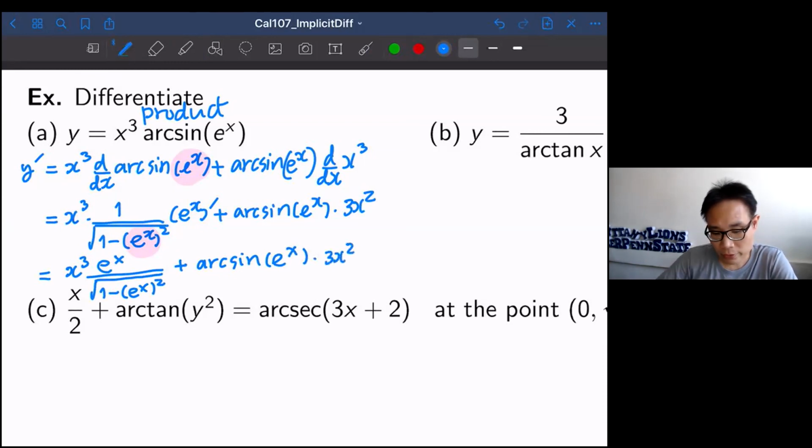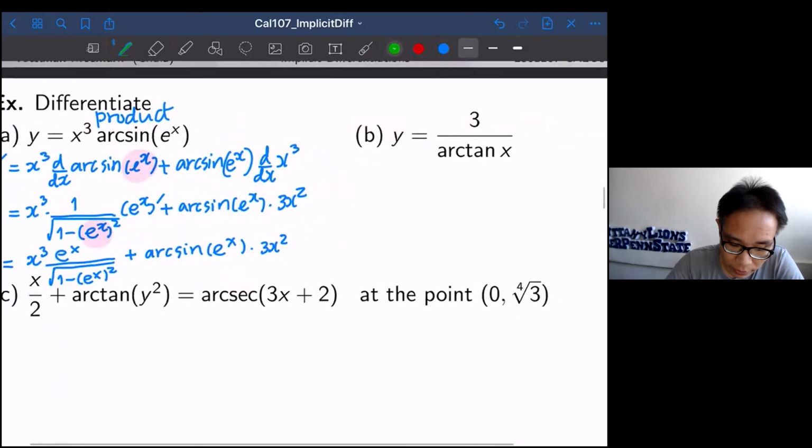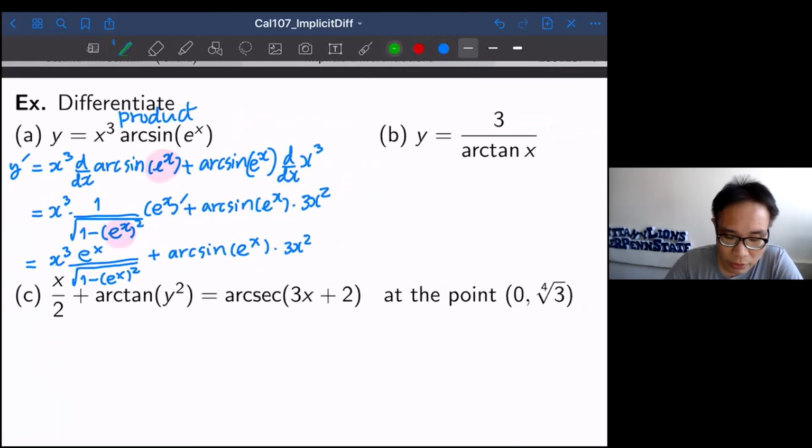Okay, so this is how we get the derivative of the product rule involving the arcsine. Okay, the next one is going to be 3 over arctan x. This one is easy. This one is 3 over u.